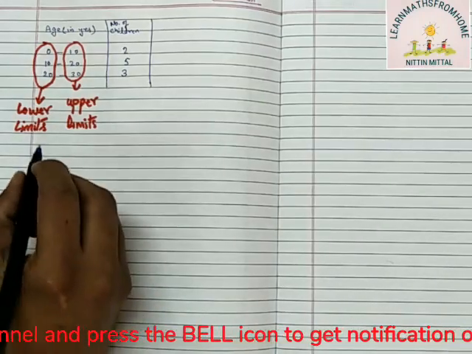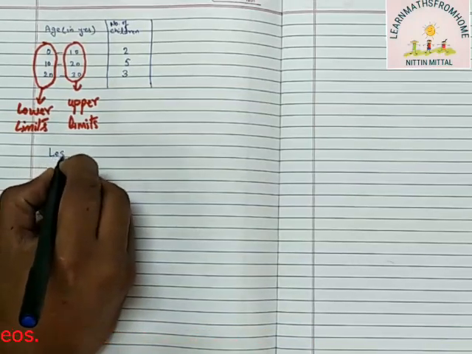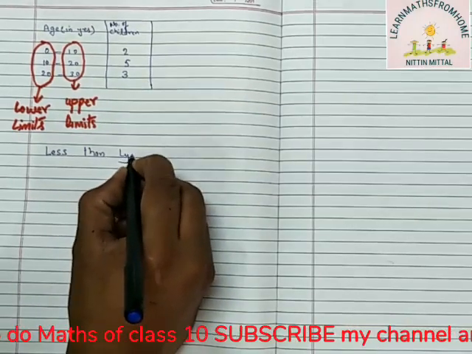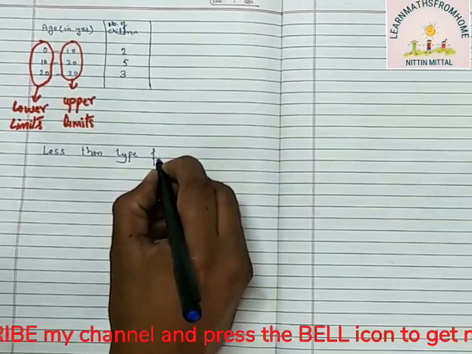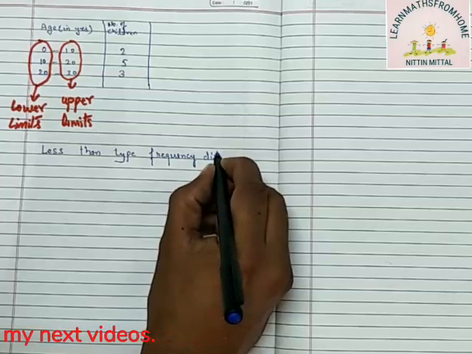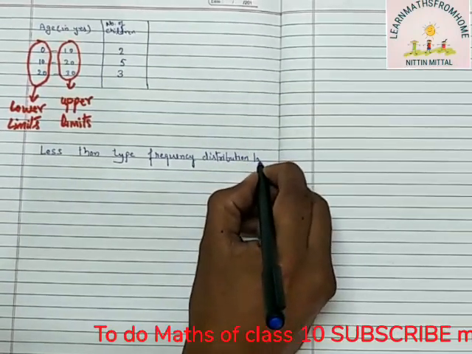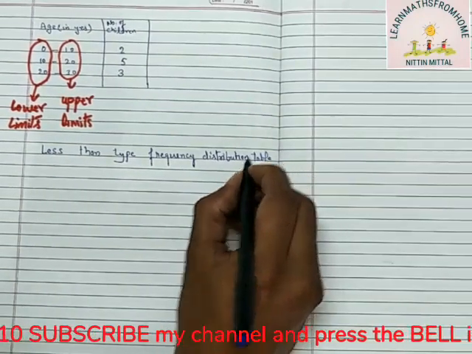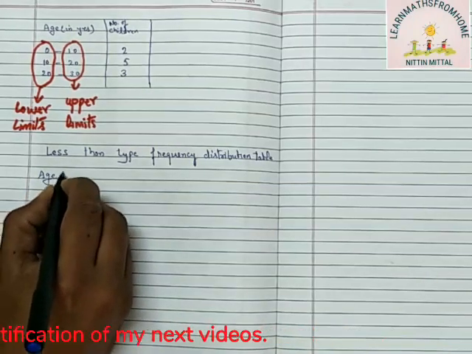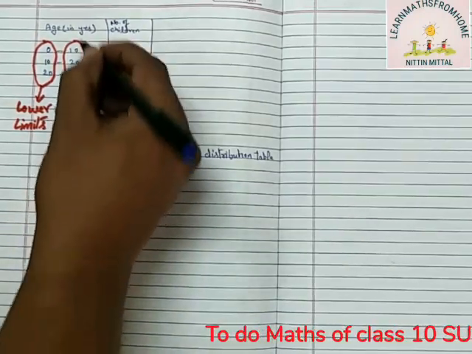So how we write? First column for less than type frequency distribution table. The first column heading will remain same, age in years, and we will choose the upper limits.